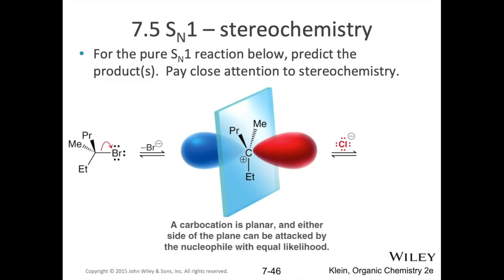Now, let's talk a little bit about stereochemistry. I pointed out that with an SN2 mechanism, we see an inversion of stereochemistry due to that backside attack. You have to have your nucleophile attack from the opposite side of your leaving group. It obviously can't attack from the same side as your leaving group because your leaving group's there, right?